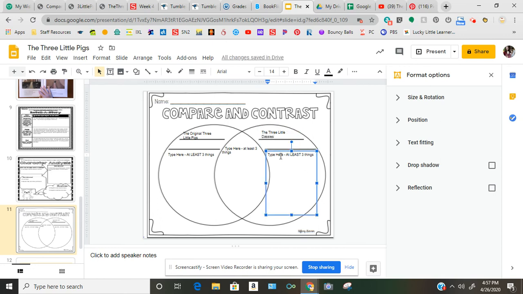And then I need to think of at least 3 things that were different about this story versus the original Three Little Pigs story. So in this case, we had dassies instead of pigs. We had an eagle instead of a wolf. We had grass, driftwood, and stones for houses. It took place in a desert.